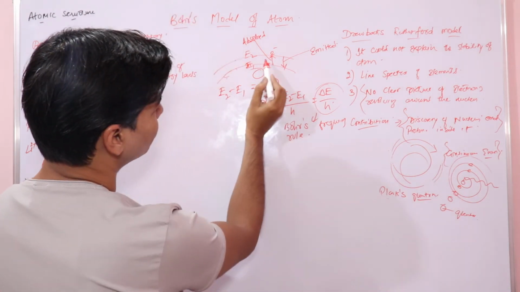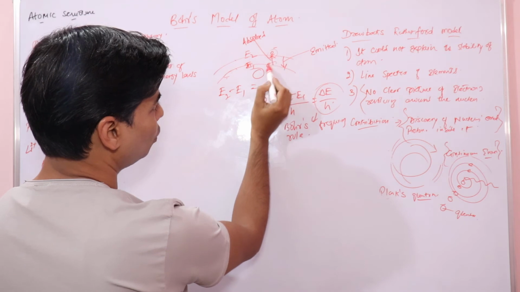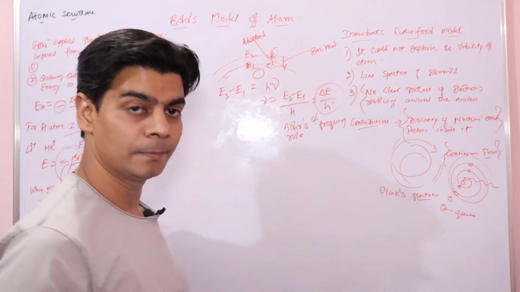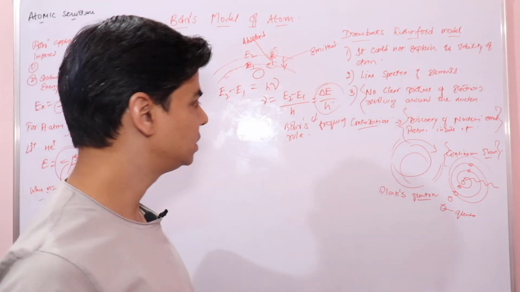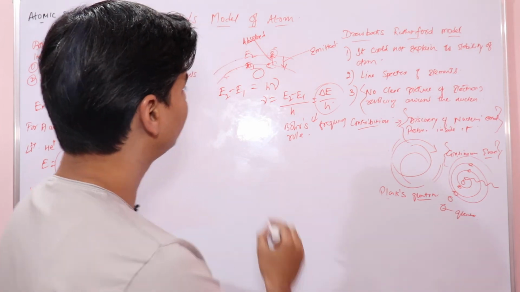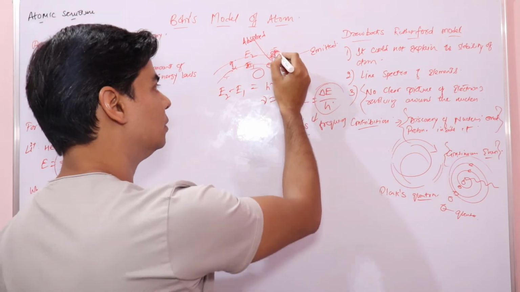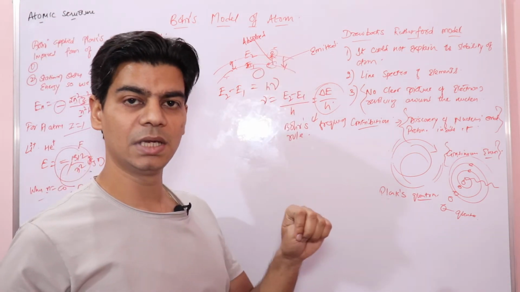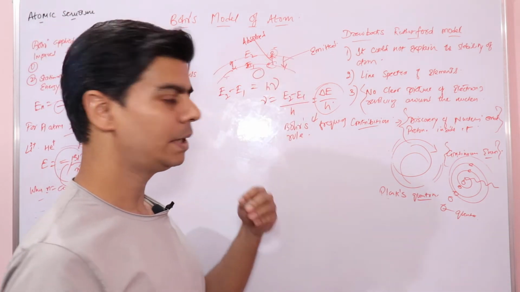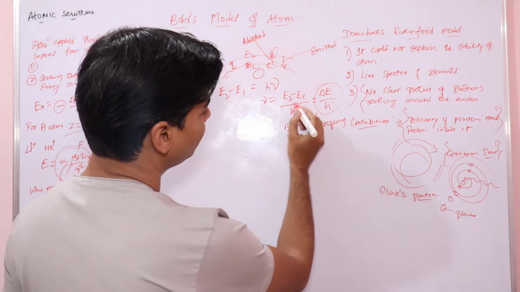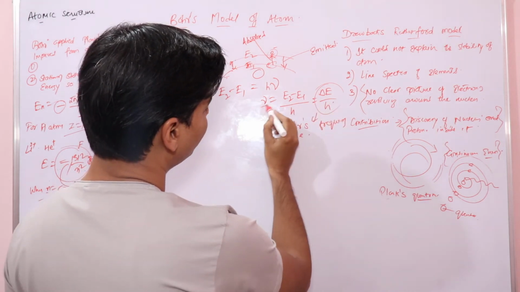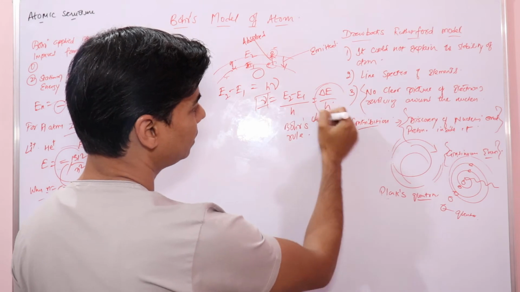When an electron moves from higher to lower or from lower to higher energy level, it will emit or absorb energy, which is equal to the difference in energy of these orbits. When it transitions from a higher energy level to a lower energy level, it will emit radiation of frequency nu, which is given by this relation.